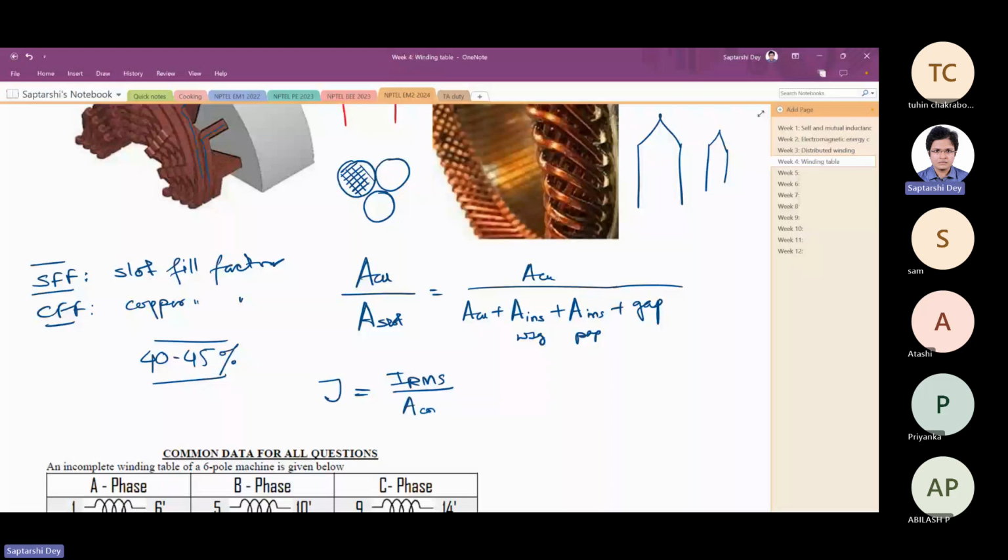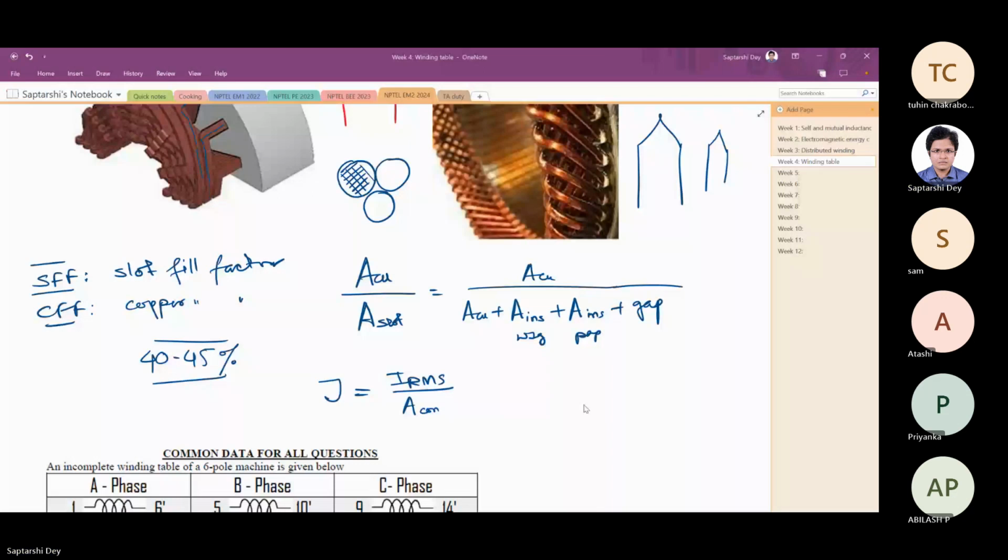Now how much current density to take, I think we discussed it in the very first lecture. It depends on the cooling. If there is no cooling, that is naturally cooled, then we take 5.5 to 6 ampere per millimeter squared. Then comes forced air cooled, you can go up to 10, water cooling maybe up to 15.